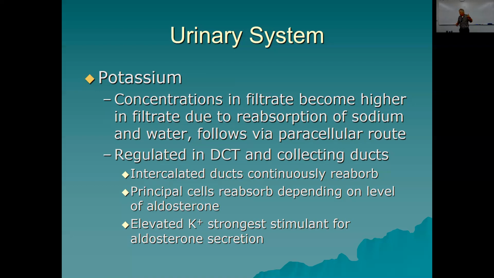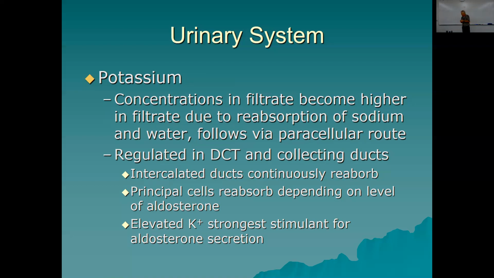Remember, potassium and sodium go in opposite directions. If you've got a lot of aldosterone, you'll be absorbing lots of sodium. If you're absorbing lots of sodium, you're losing potassium in your urine. If there's not a lot of aldosterone present, then you'll be excreting lots of sodium. You have salty urine, and you'll be reabsorbing potassium. They go in opposite directions.